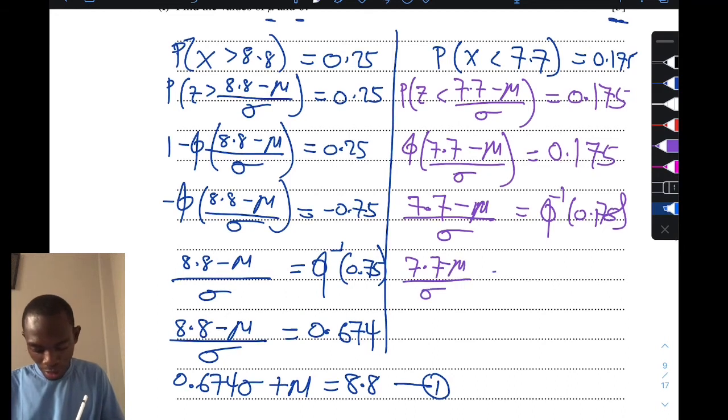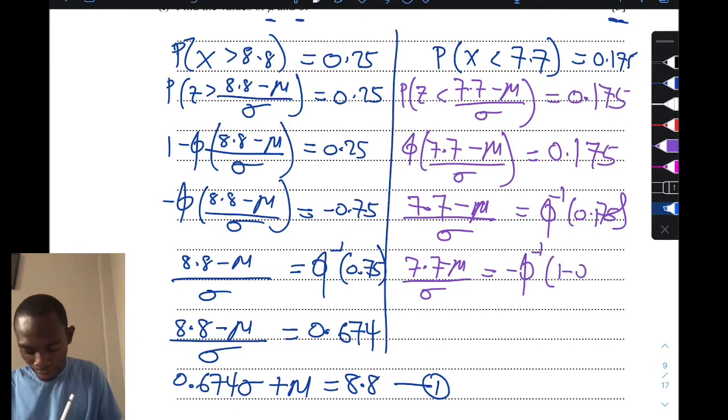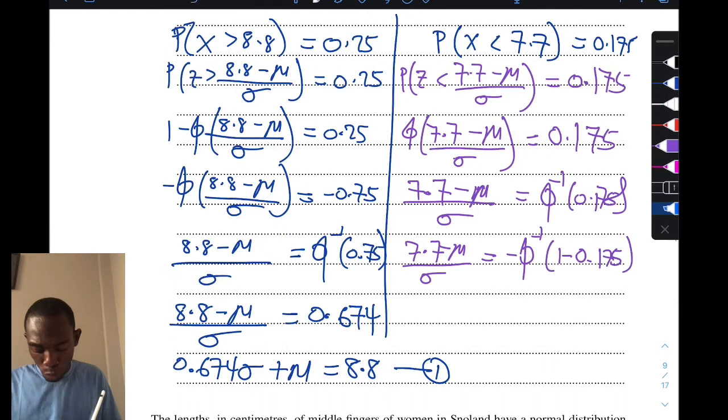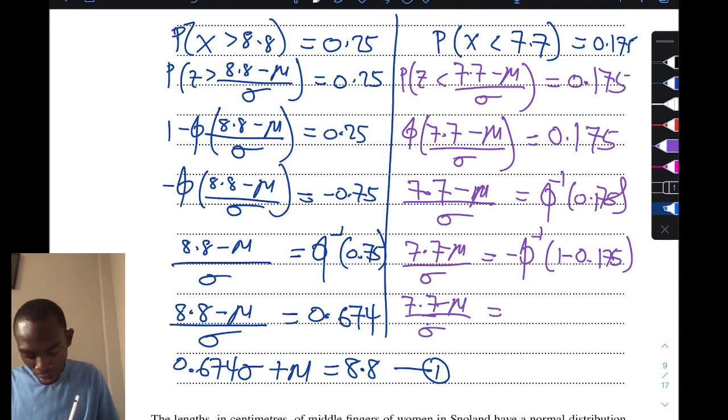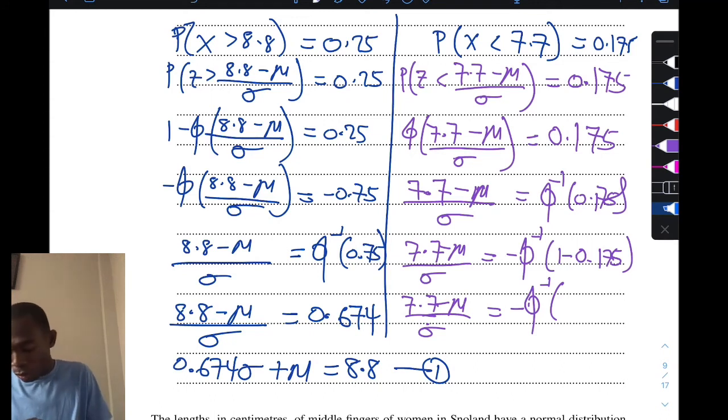I hope in the exam you don't write as huge as the way I do write, so that you can get more space to work it out. So that value would be 7.7 minus mu over the sigma is equal to negative phi to the negative 1 of 1 minus 0.175.